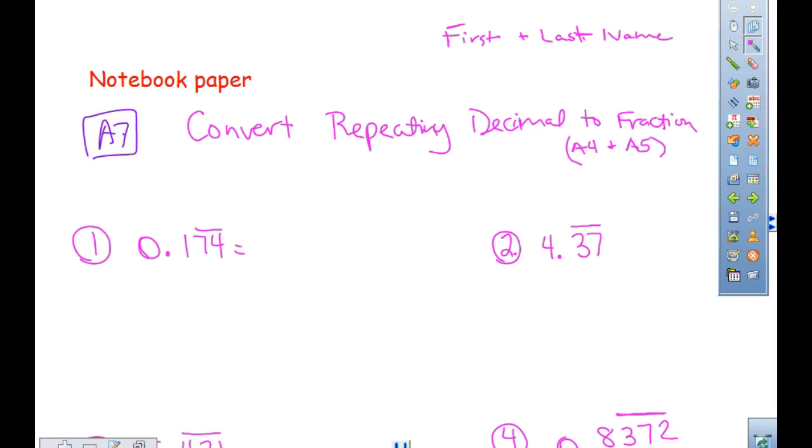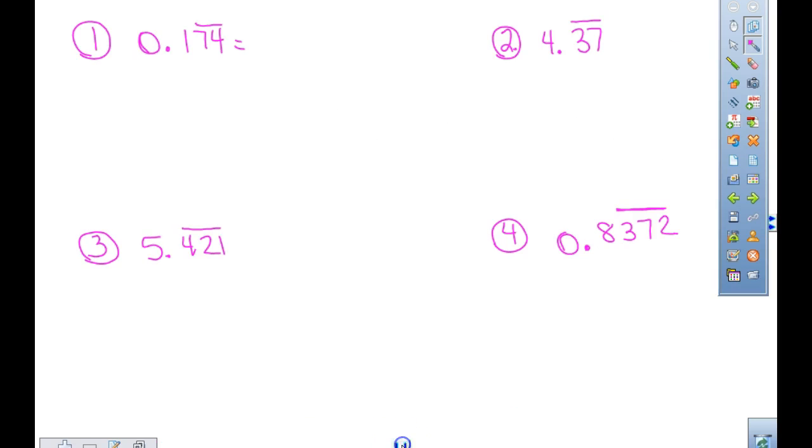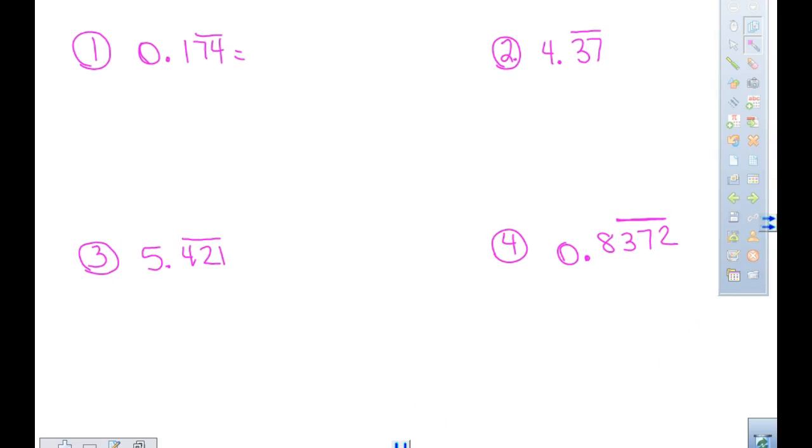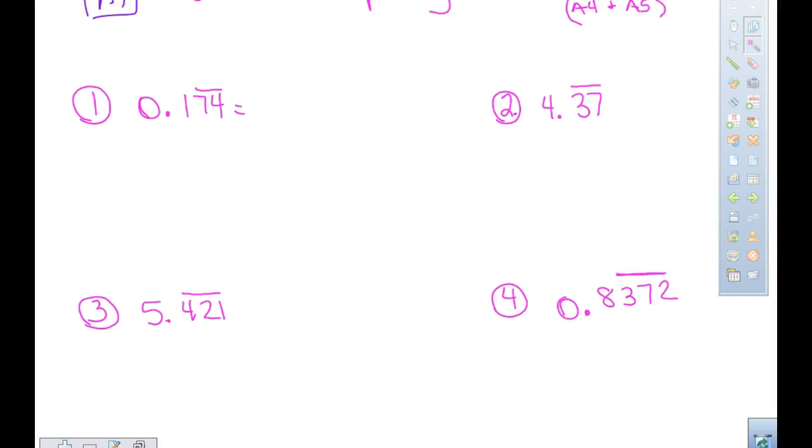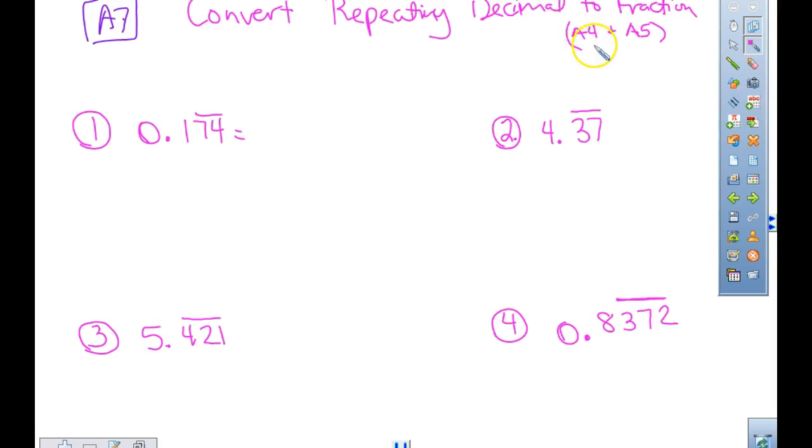And where you would find this is actually in your notes. If you looked at A4, this was the A4 notes that we took, okay?